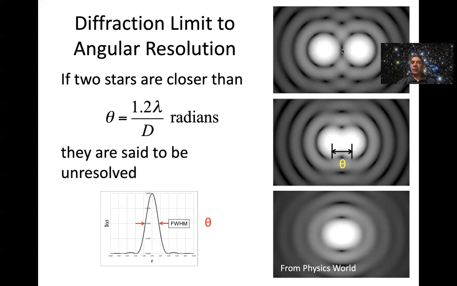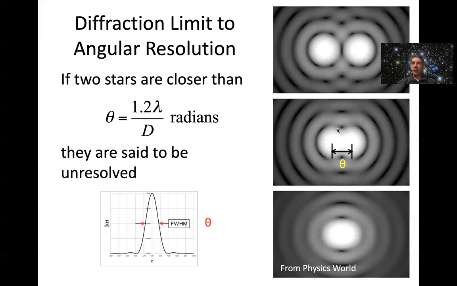And imagine now bringing those two stars closer and closer together on the sky until at some point down here, you can't really tell that there are actually two stars there at all. You can't be sure what you're looking at, because the spreading effect of the diffraction has blurred the image so much you can't really see any structure below a certain size.